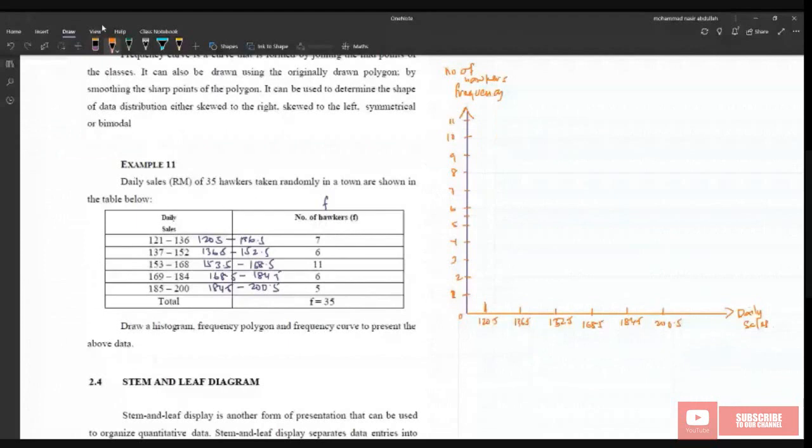So let's say I draw the first class. The first class is 7. So let's say from here to here. So this is our first bar for histogram.